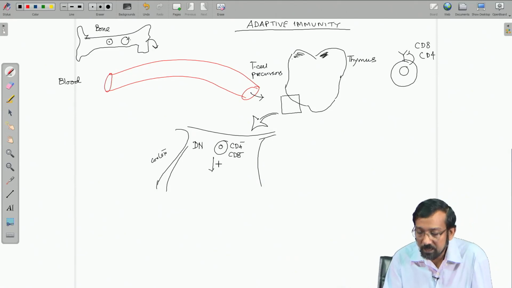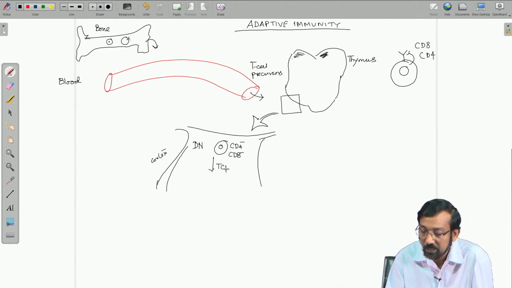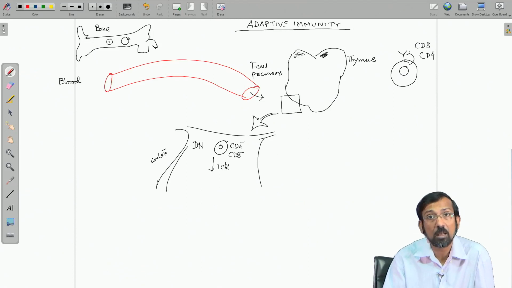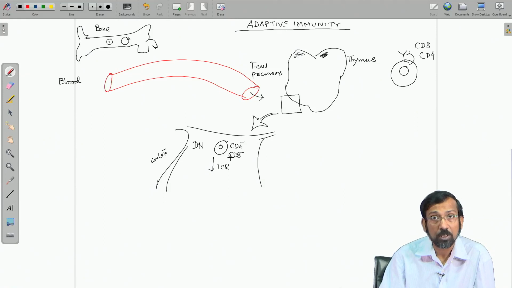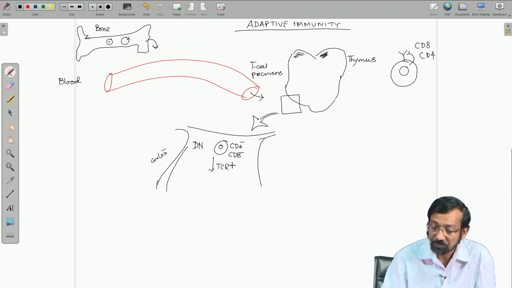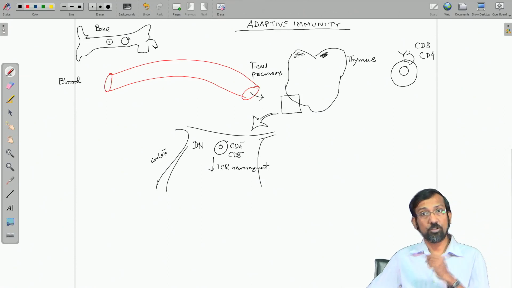So, there is the TCR. You will be studying T cell receptors and T cell receptor rearrangements in detail later on, but for the time being, just for your understanding, there is a T cell receptor rearrangement during this double negative stage.